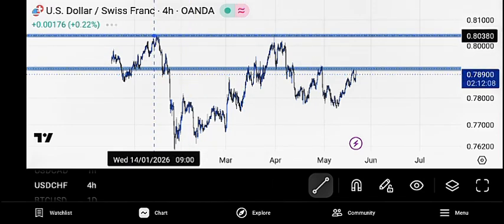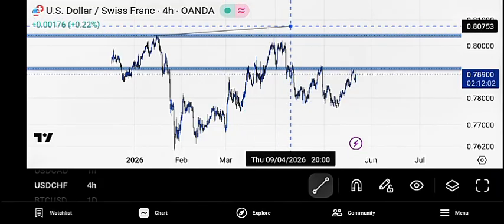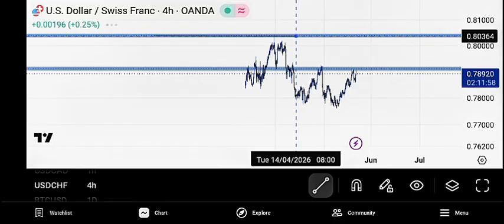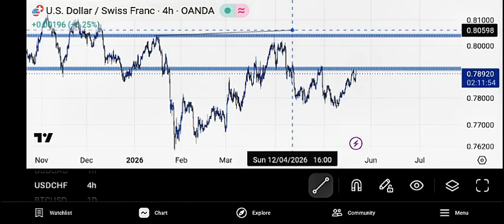Let me draw it for you. That two tap is where the market has been reacting from, and after that the market is trying to go down. You can see the market is moving in a downtrend.